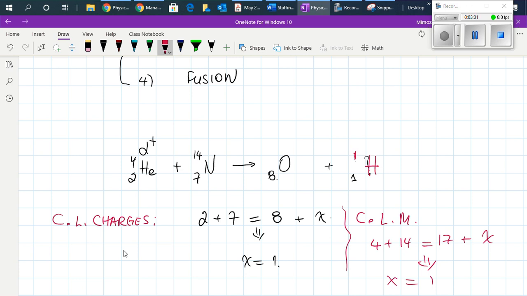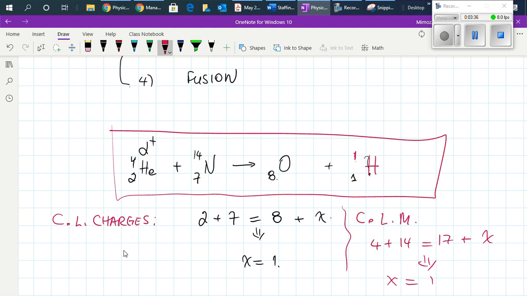So what you are producing, based on this induced nuclear reaction, is this: helium is striking the nucleus of nitrogen, and it is producing oxygen-17 and a proton.